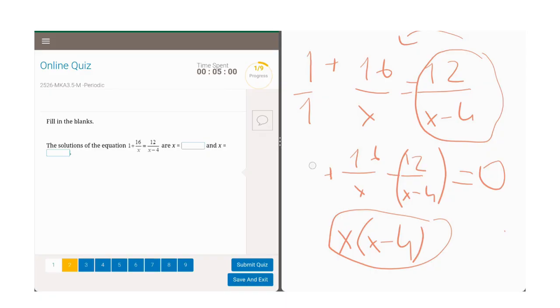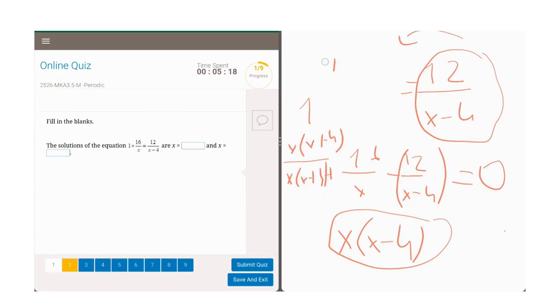So the first fraction would be x into x minus 4 over x into x minus 4, plus 16. 16 we multiply by x minus 4.